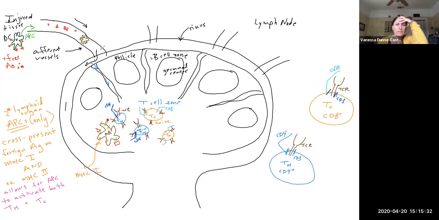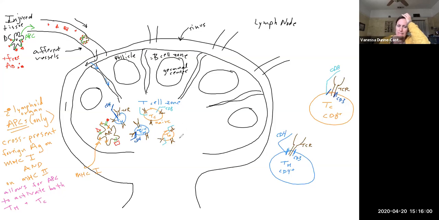They're fully loaded and they drain through the lymph node to get to the T cell zone, where they're able to cross-present to both T helper cells and cytotoxic T cells. Now, all of these cells are naive in the first place, they're hanging out here. And once they become activated by this antigen-presenting cell, then it depends on the nature of the effector cell, but they'll either stay or they will leave.